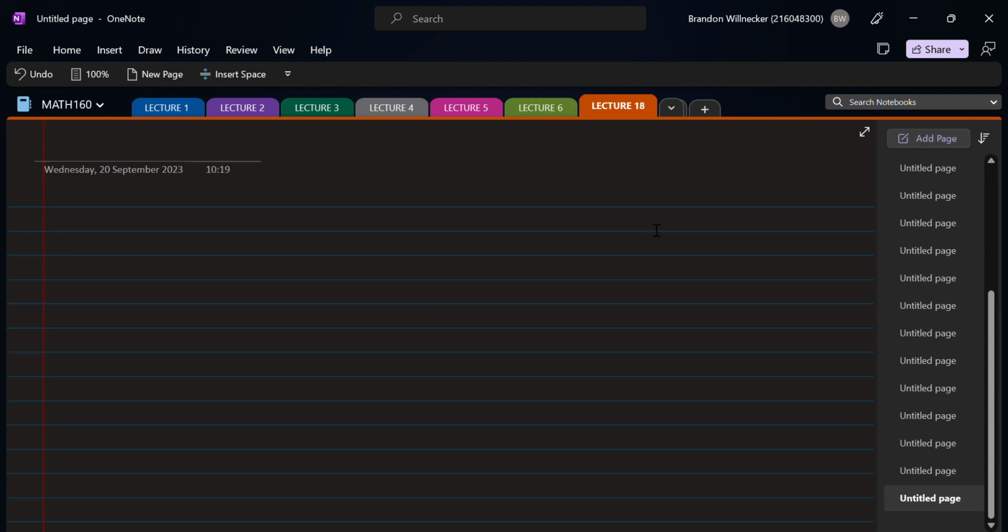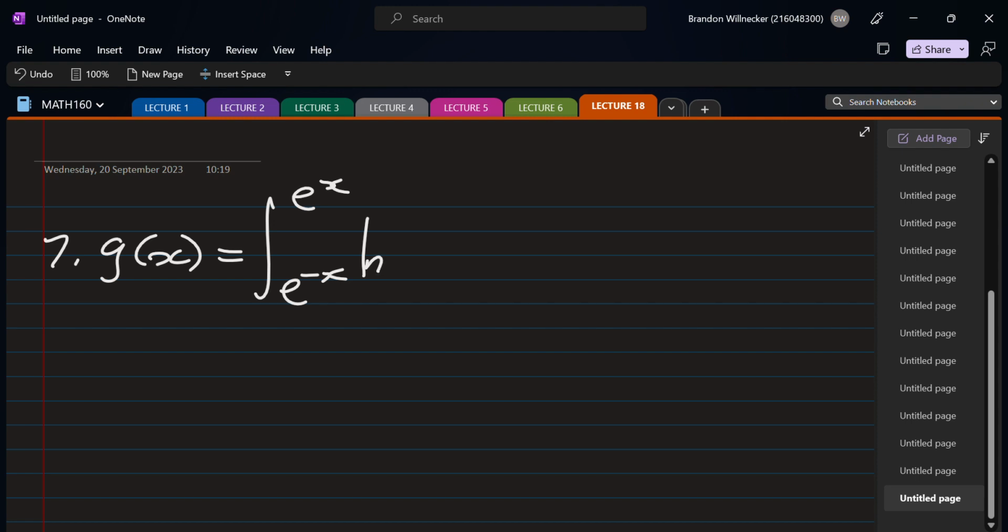Okay, next one, number 7. So here we have g of x is equal to the integral from e to the minus x to e to the x, natural log of t dt. Now here we need to be careful about those symmetric bounds. This is not minus a to a, because that minus there is in the exponent.